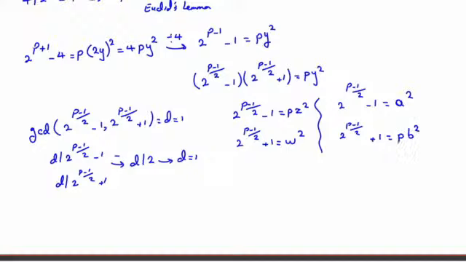Okay, for this case, if we consider mod 4, let's first analyze this one. We know p is at least 7. So p minus 1 over 2 is at least 7 minus 1, 6 over 2, 3. So if we consider mod 4, the right hand side, because it is a perfect square, is 0 or 1. It's easy.